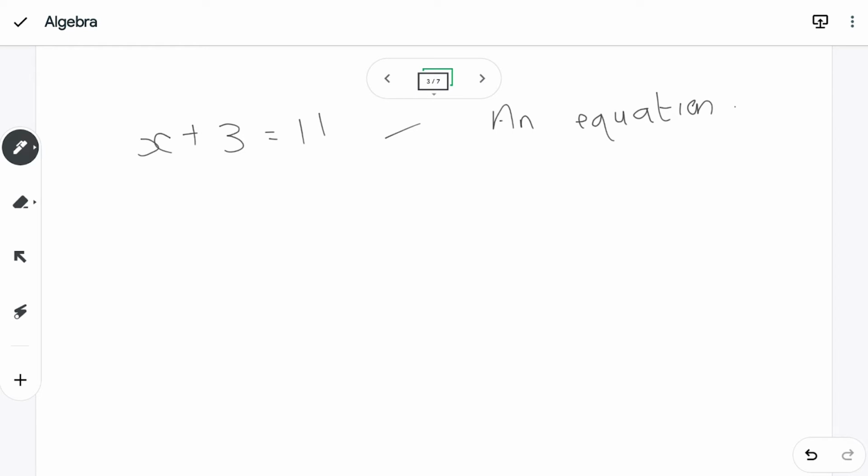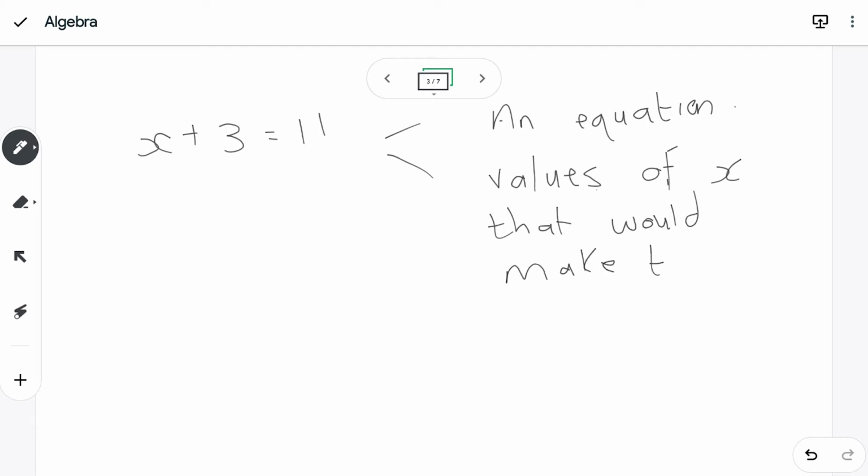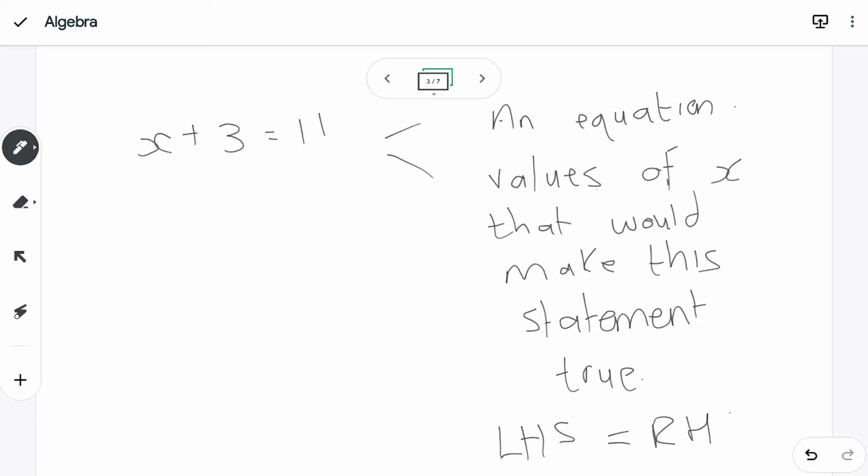In the case of algebra, what we do here is we want to work with this equation to find values of x that would make the statement true. What I mean by true is that the left hand side would be equal to the right hand side.